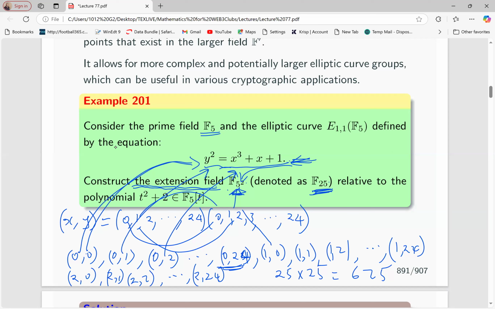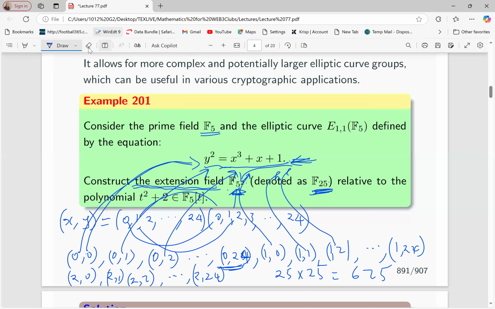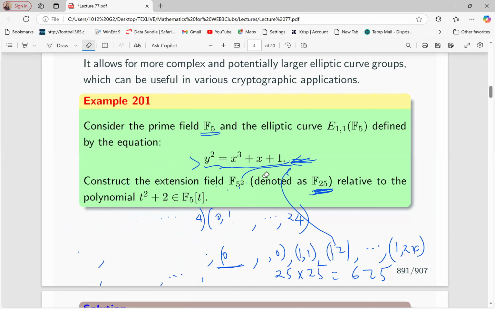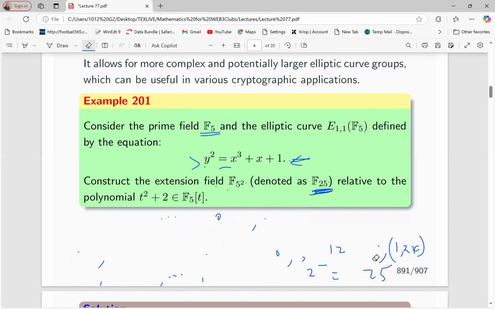When x is 1, can y be 0? When x is 1, can y be 1? When x is 1, can y be 2? So you have so many points to try. And so to avoid doing all this, we come up with a code that will check for us all the points, and then give us the points on this elliptic curve without so much struggle.